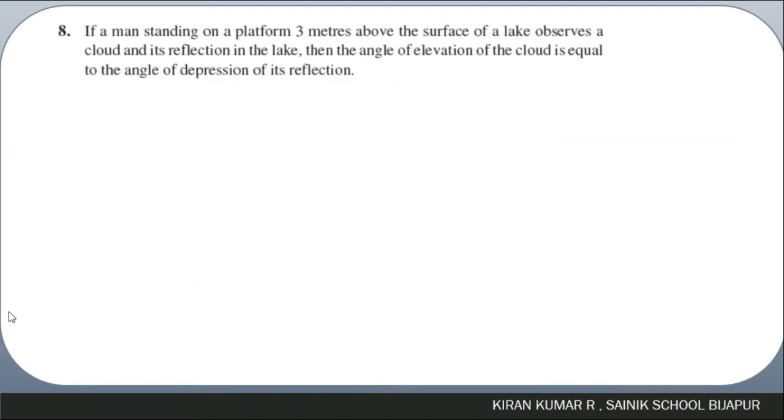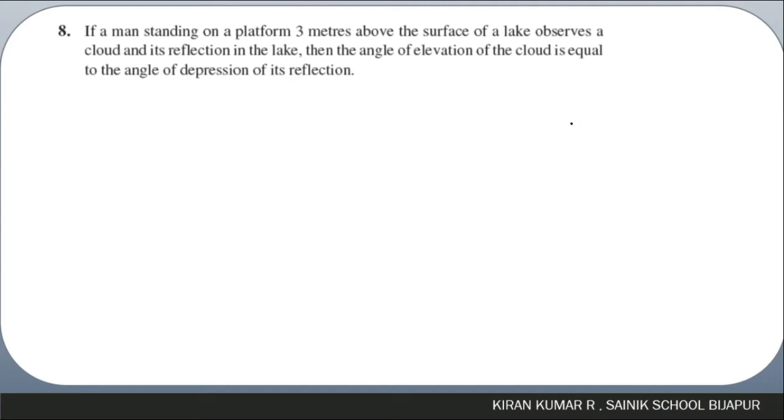Eighth statement is a little complicated because it is like a subjective type question. If a man standing on a platform 3 meters above the surface of a lake observes a cloud and its reflection in the lake, then the angle of elevation of the cloud is equal to the angle of depression of its reflection.